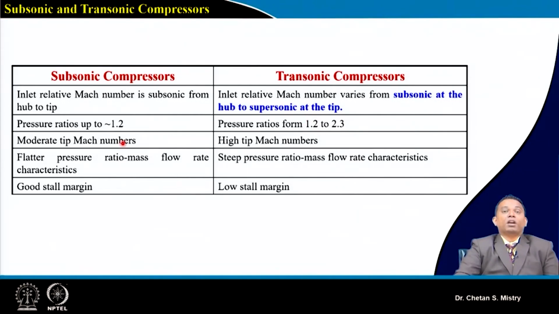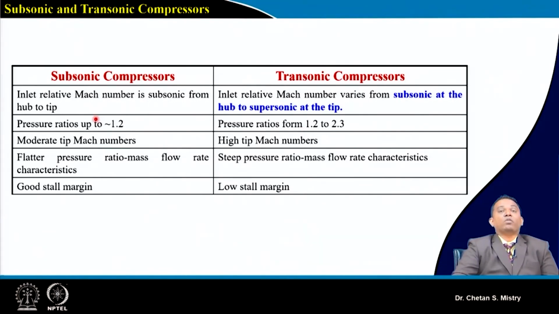My tip Mach number is moderate for a subsonic compressor. For a transonic compressor, we have a higher tip Mach number. For a subsonic compressor we have a flatter operating characteristic. When we discuss the transonic compressor, we have a steeper operating characteristic. We will see the meaning of that.